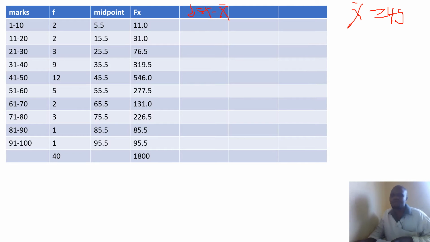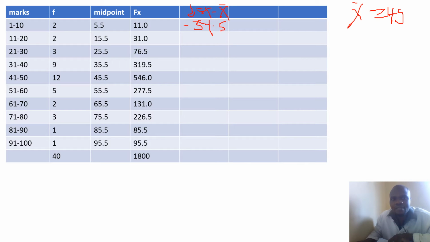So for us to get this difference, we subtract 45: 5.5 minus 45, and this one is negative 39.5.